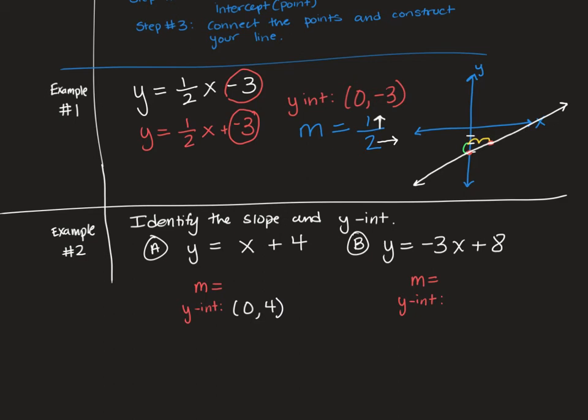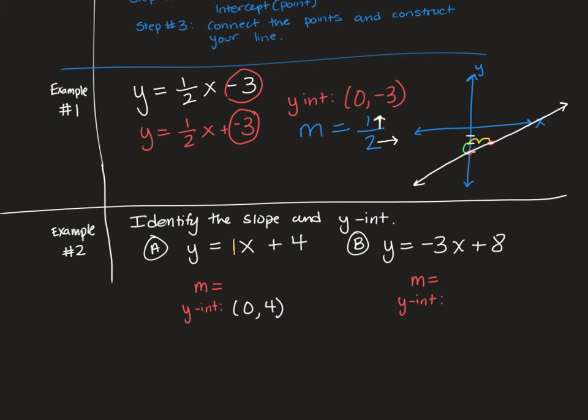Now my slope I know was confusing for a lot of us. So when the x is by itself and it doesn't have a coefficient written in front of it, that implies that there is a 1 right there. Basically, you have 1x, right? If you just have an x by itself, that means you have 1x.